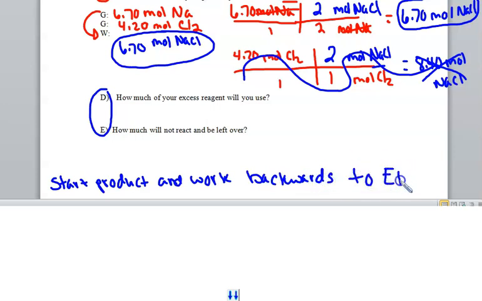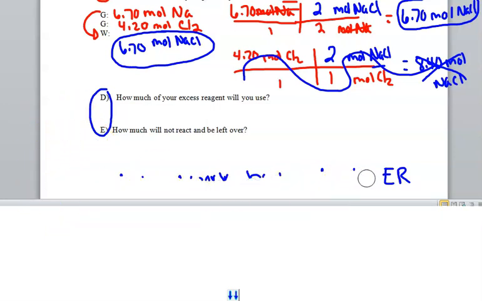How about we'll go ER, excess reactant. Write that down, and you will always do that for this step. And then for letter E, there's going to be a subtraction.